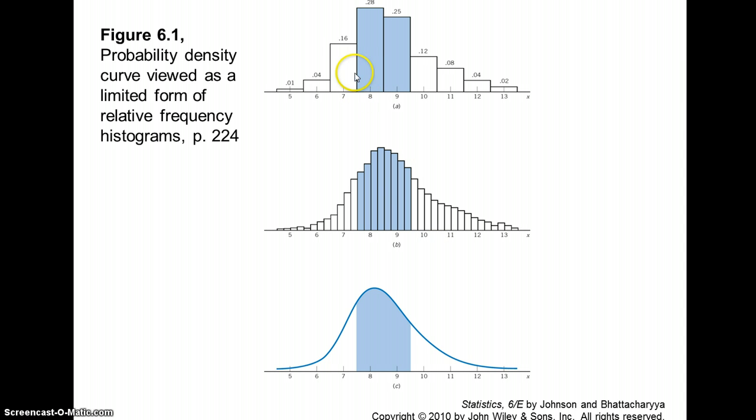Originally we have the baby weight, which falls into 7.5 to 8.5, and 8.5 to 9.5. We have 0.28 and 0.25. So if we want to find out the percentage of babies whose weight fall between 7.5 and 9.5, we just need to add these two numbers. So it's like the area of these two bars.